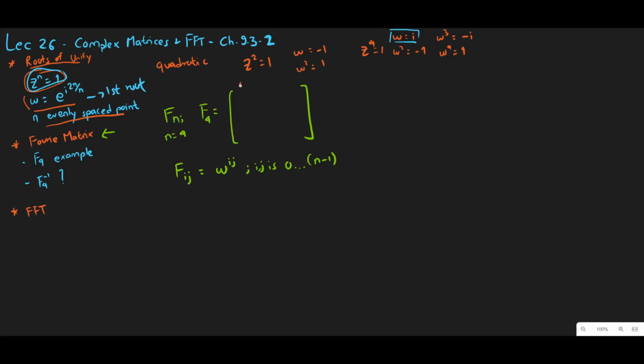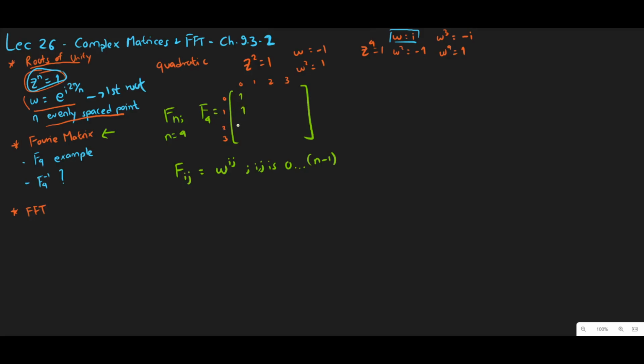So let's say this is column 0, column 1, column 2, column 3, and this is row 0, row 1, row 2, row 3. Okay, so what do we have here? W to the 0, we have 1. W to the 1 times 0, so we have 1.